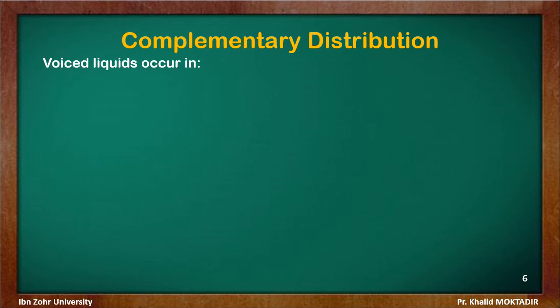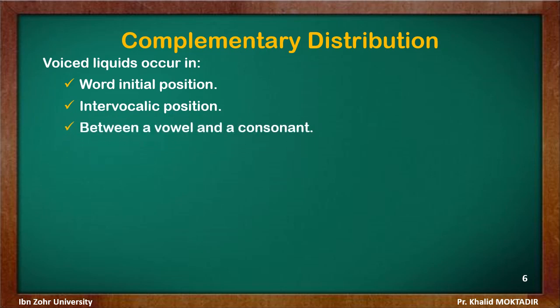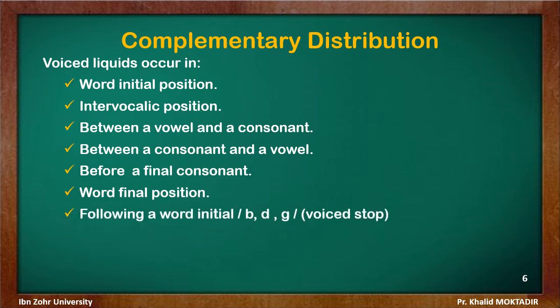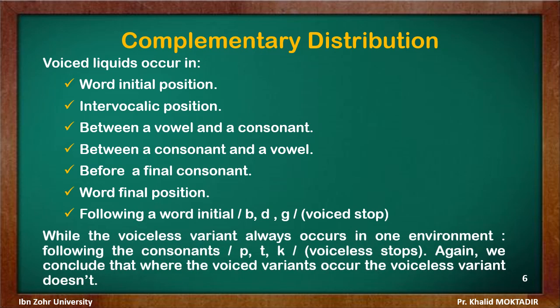To recapitulate then, voiced liquids occur in word initial position, intervocalic position, between a vowel and a consonant, between a consonant and a vowel, before a final consonant, and in word final position, following a word initial voiced stop, while the voiceless variant always occurs in one single environment, following the consonants p, t, and k, that is the voiceless stops.